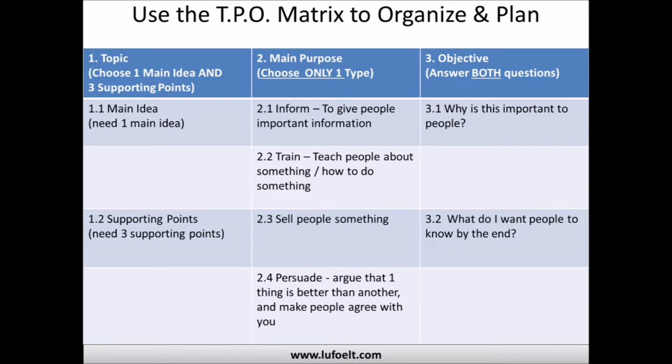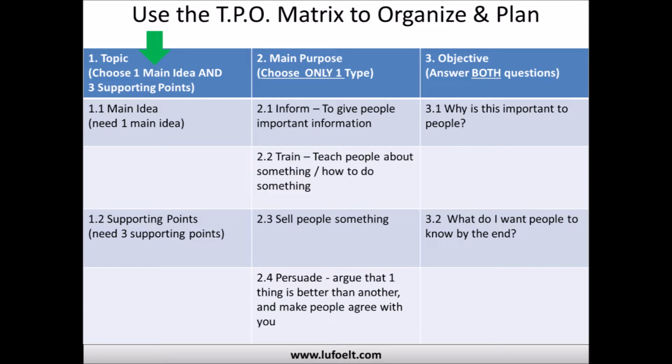So I've broken this matrix down into 3 columns. The first column is for your topic. You need to choose a main idea and then 3 supporting points. So oftentimes I suggest to people to make the main idea as specific as possible and then do a little bit of research to find 3 supporting points that will support your main idea.